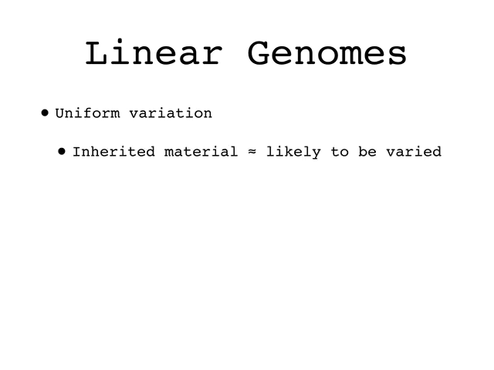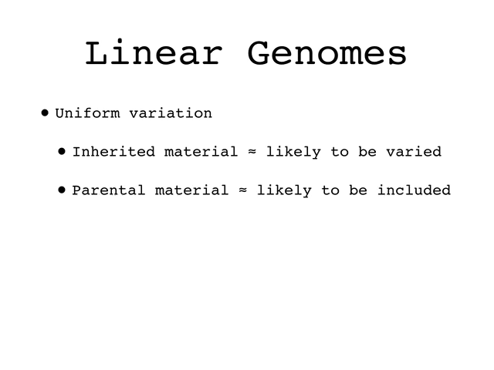By uniform variation, we mean that all genetic material that a child inherits is approximately equally likely to be varied, and also that all parts of both parents are approximately equally likely to appear in children and to appear in a range of combinations. These features are facilitated by the use of linear genome representations, and they may help evolution and other methods to search the space of programs.